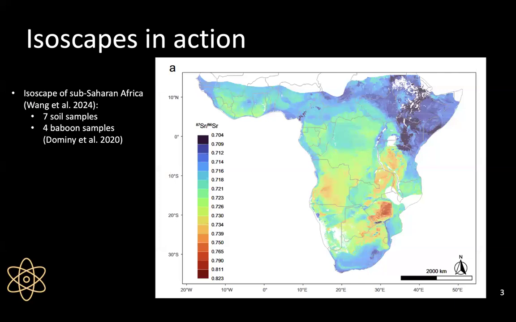And of the 800,000 square kilometers of Mozambique, these predictions are based solely on 11 samples, which include seven soil samples from the Wang et al. 2024 study and four baboon samples from Domini et al. 2020. And while broad isoscapes are, of course, valuable, this gives us the opportunity to produce a high-resolution localized map for Mozambique, filling these gaps.